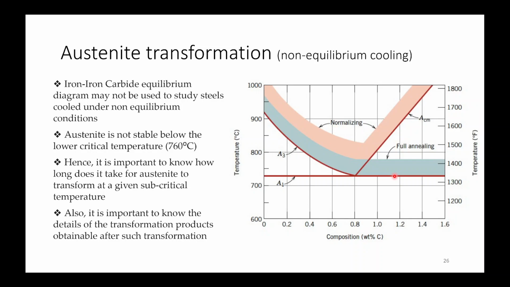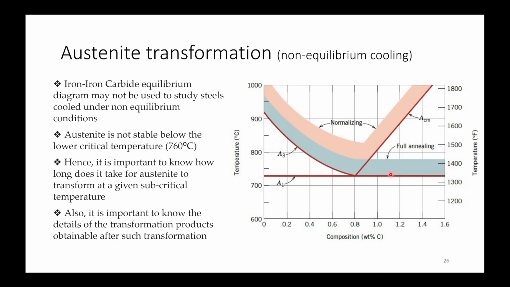In the heterogeneous region, we'll be having more than two phases inside, like in perlite, we'll be having a lamellar-like structure, like one sheet of alpha and one sheet of Fe3C.